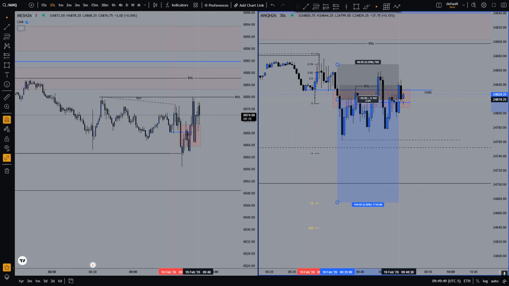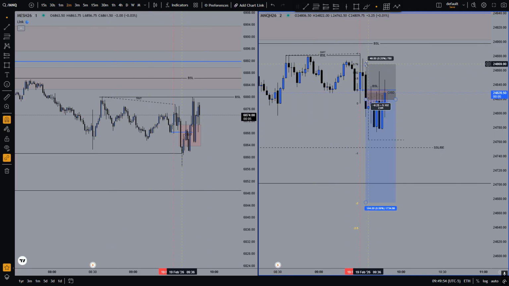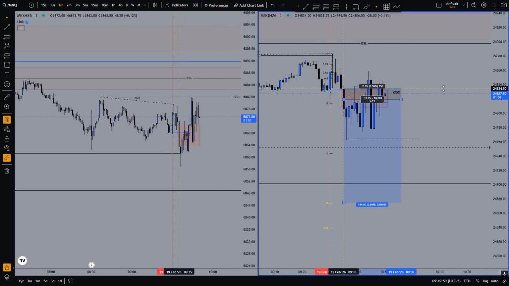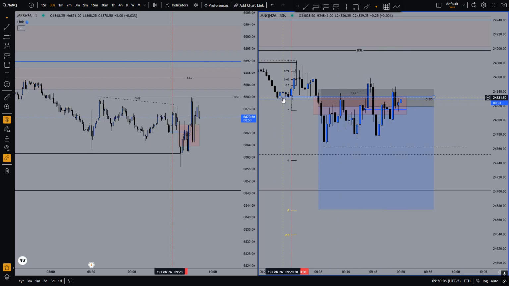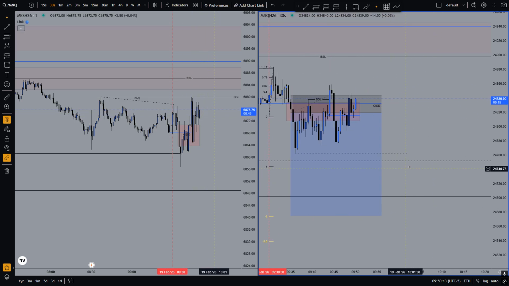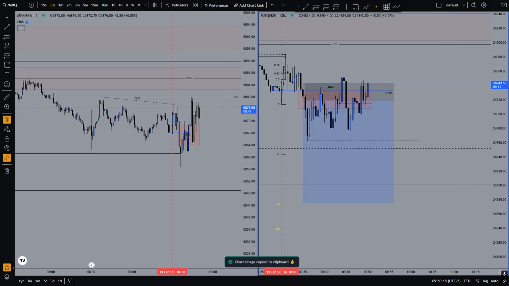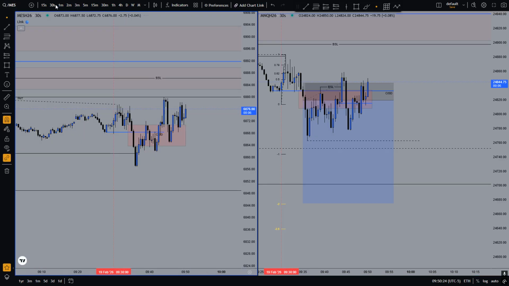Let me adjust my stop. Same thing. Take an image and paste it. But yeah, we're gonna wrap up on the day here.